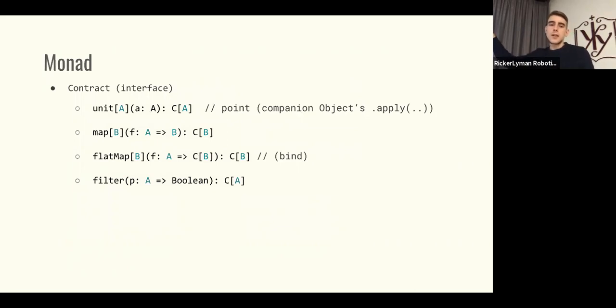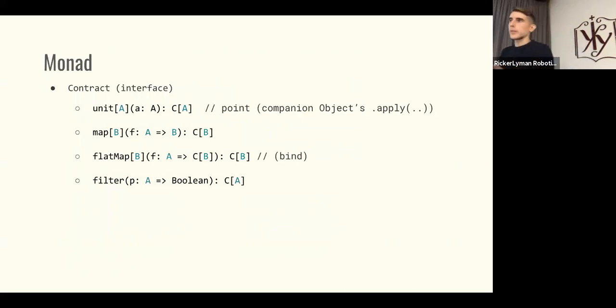So any kind of object which satisfies this contract, and by contract I mean interface, can be called monad, almost.